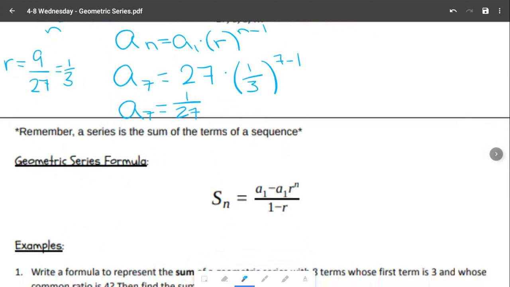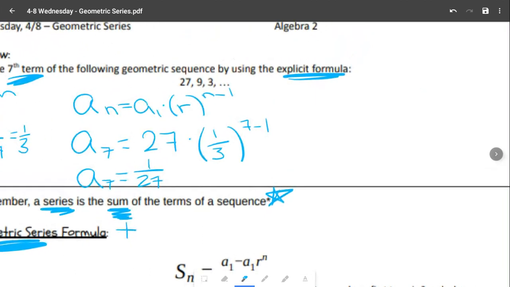So now today we're going to look at what we call a geometric series. If you remember from when we did the arithmetic series, I know it was a while ago, but a series is just the sum of the terms of a sequence. Sum, remember, means add. So you're going to take the numbers in the sequence and add them together.